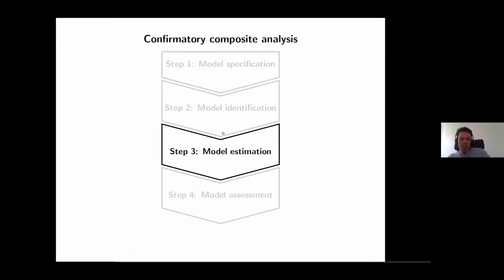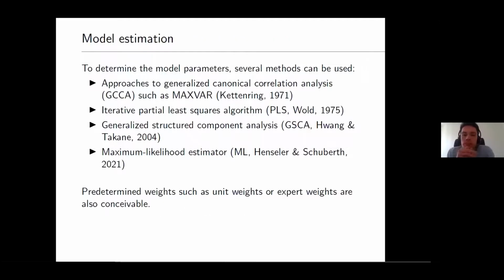So once we have ensured that the model is identified, we want to estimate the model parameters. To do so, several methods can be used. For example, we can use approaches to generalized canonical correlation analysis, such as maxVar or minVar.